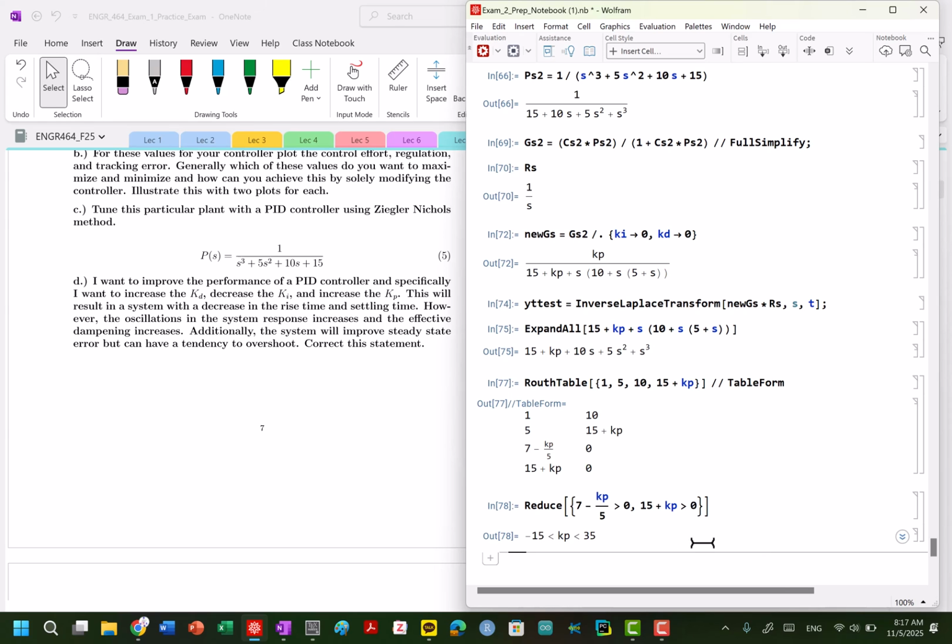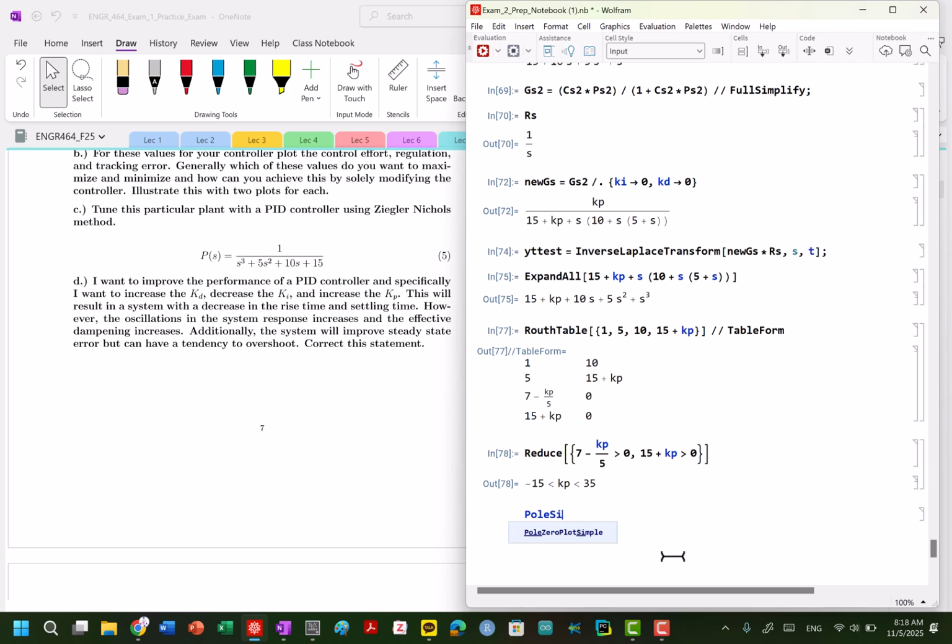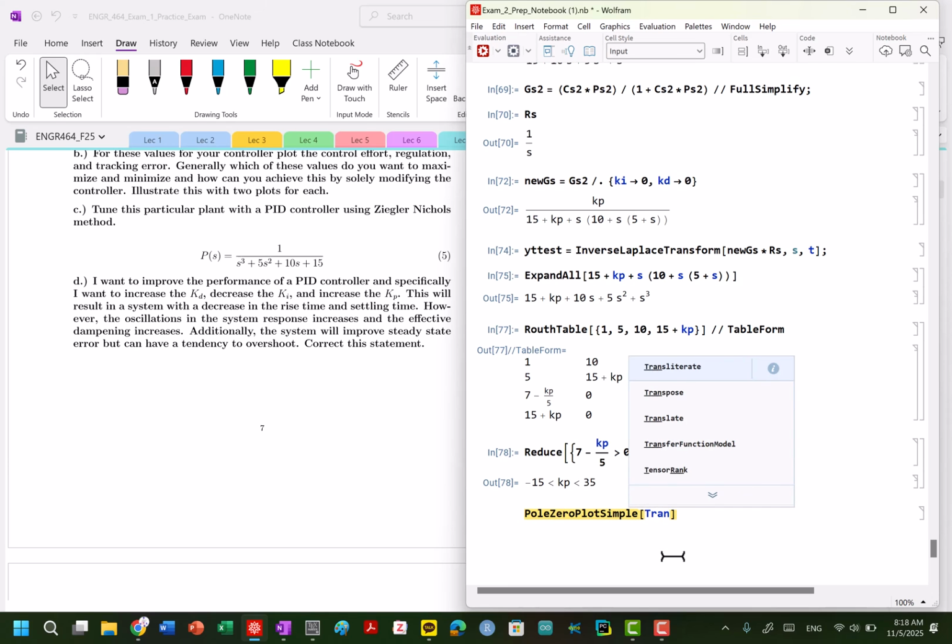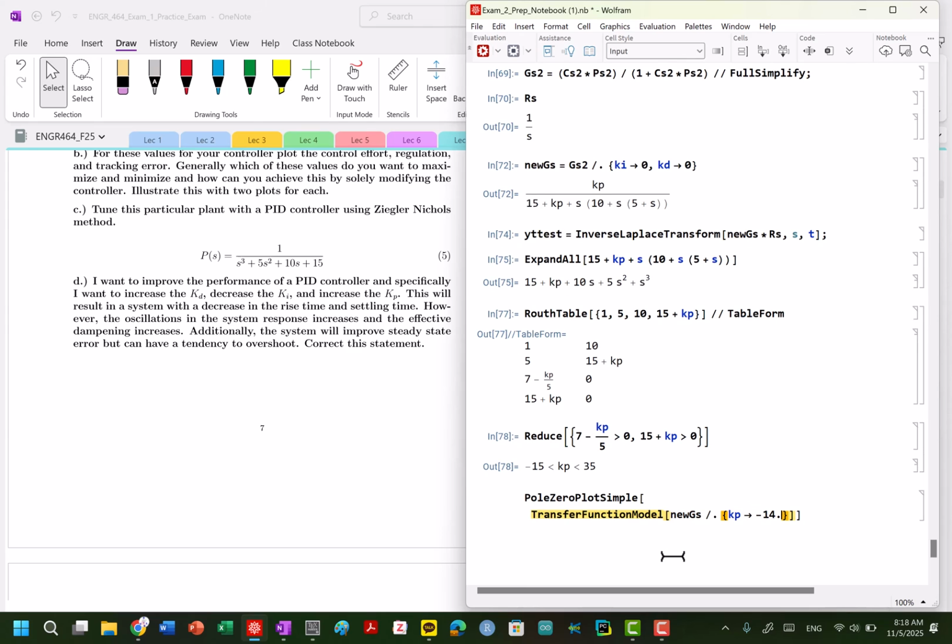So what happens if we're at minus 14? Let's do a pole zero simple plot, transfer function model. Let's do our new GS /. KP goes to minus 14.9, because we would be greater than that.